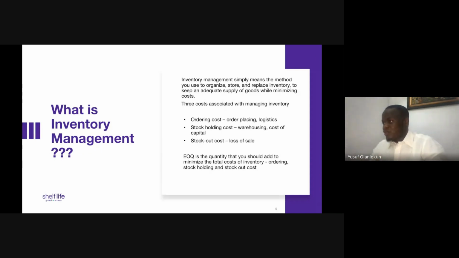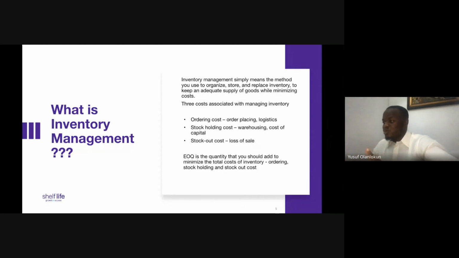Then there is ordering cost, which is the cost of placing an order, and this includes the logistics cost. So you don't want to order too much because of what I mentioned, the stock holding cost. You don't want to keep too much and be losing on the capital that you're tying down. And at the same time, you want to reduce the frequency of your ordering, because every time you order, there are costs involved: the cost of logistics, even the time of managing the conversation with your supplier.